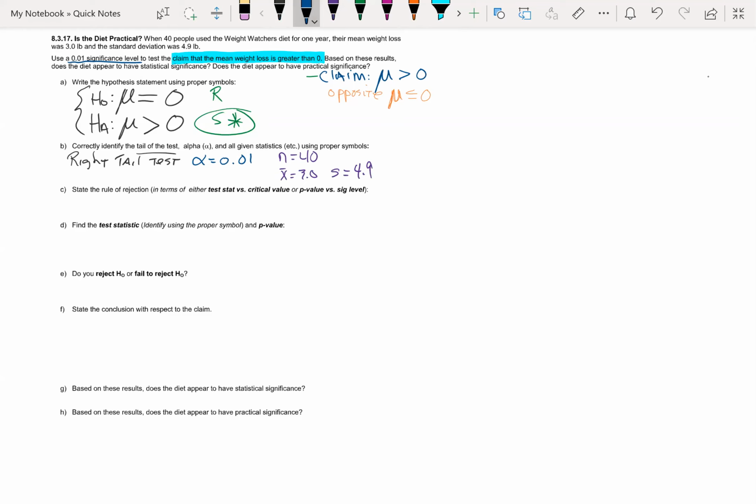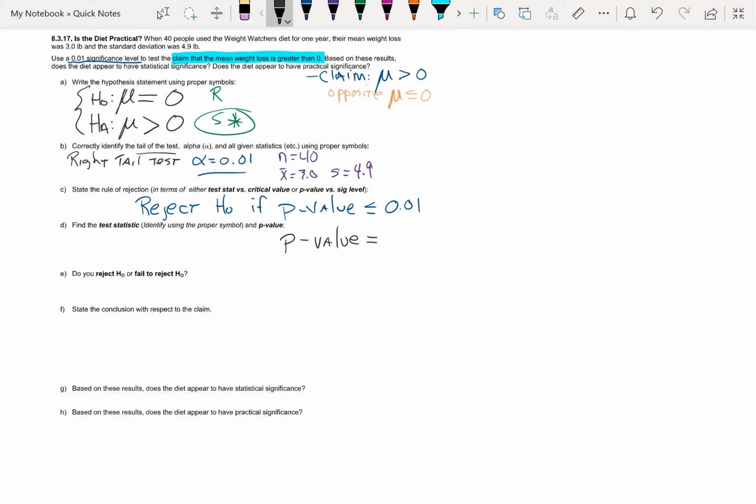We can now go ahead and write our rule of rejection, and we will reject the null hypothesis if the p-value is less than or equal to alpha. And now we're ready to go ahead and find the test statistic and its corresponding p-value. I'll just set ourselves up for that here.